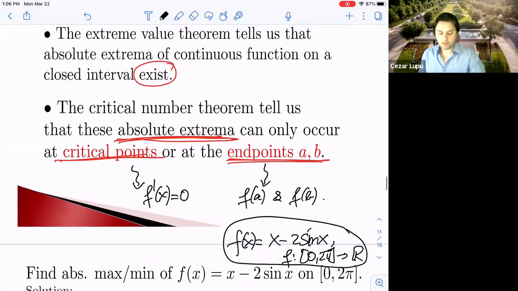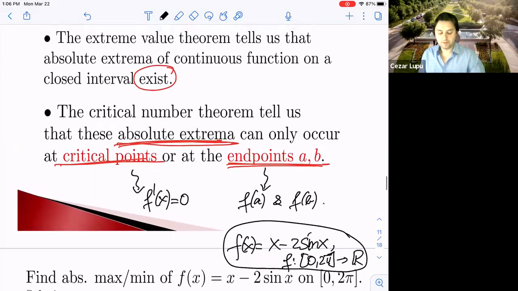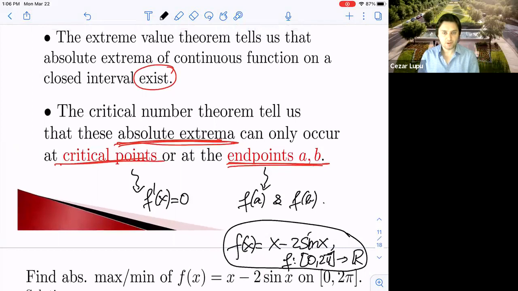So again, look here above. You will see the exact strategy. How would you think of this problem? Before we even want to find the absolute max or absolute min of this function, first of all, do we know that these absolute extrema exist? Maybe I didn't make myself clear.